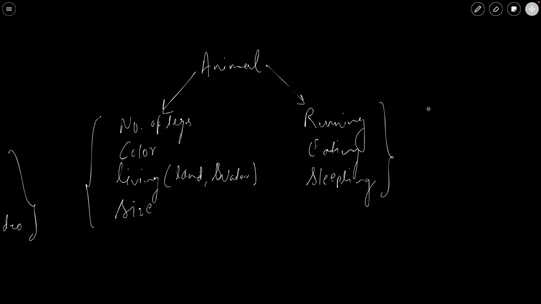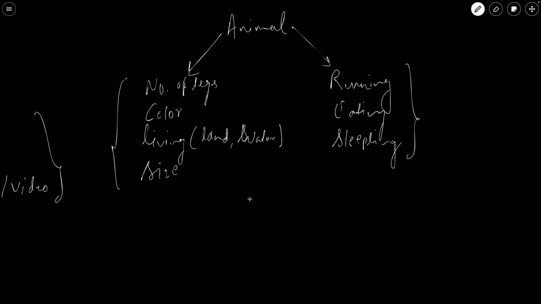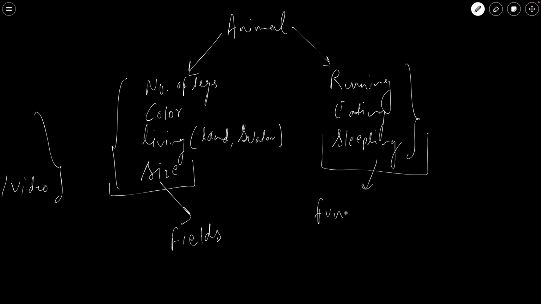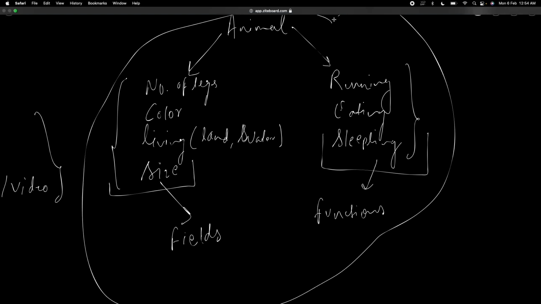In object oriented programming, the properties can be cast as fields of the object, and the behaviors are basically functions of the object. That's how this whole object oriented programming works.